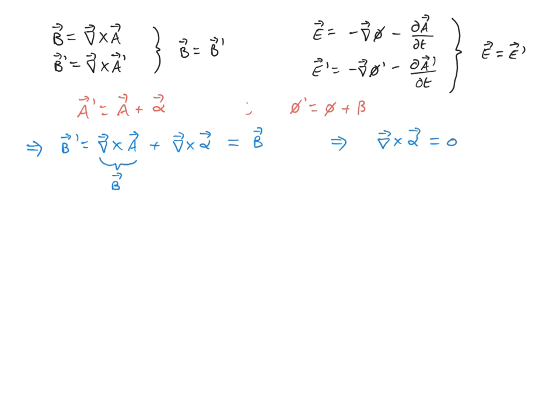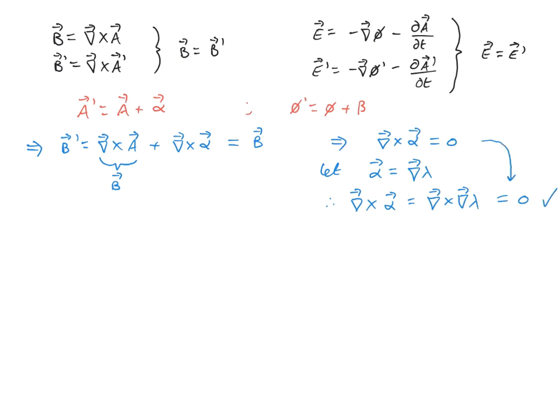In particular, we can actually introduce an auxiliary potential for the alpha field. Let's suppose that alpha is defined as being the gradient of a scalar field lambda. That has the nice property that if I take the curl of alpha, that is equal to the curl of the gradient of lambda, which, as an identity in vector calculus, the curl of the gradient is equal to 0, and of course this is what we want from this equation.